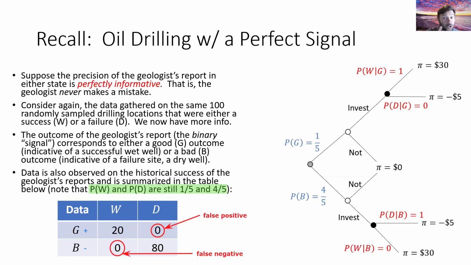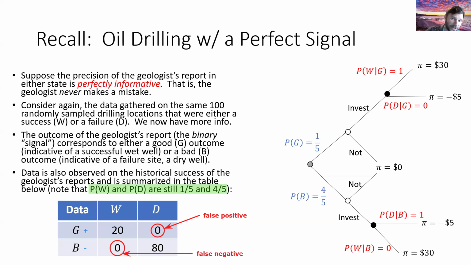And of the 80 dry wells, the geologist is going to get some of those wrong. We're going to specifically, for this segment, assume that the geologist gets 25% of them wrong, meaning the geologist is going to be precise 75% of the time. So out of all 20 of those wells, the geologist will get 15 of them right, but the geologist will make that false negative 5 out of the 20 times, 25% of the time.